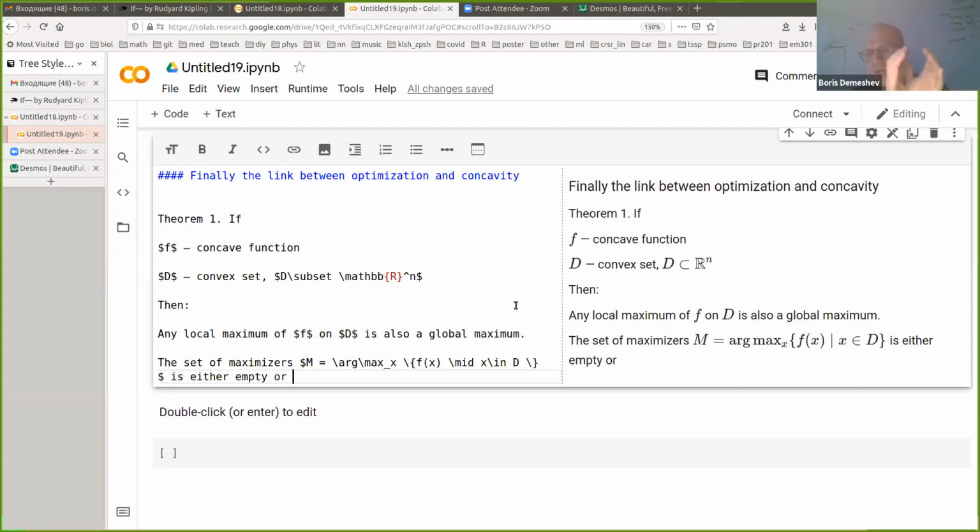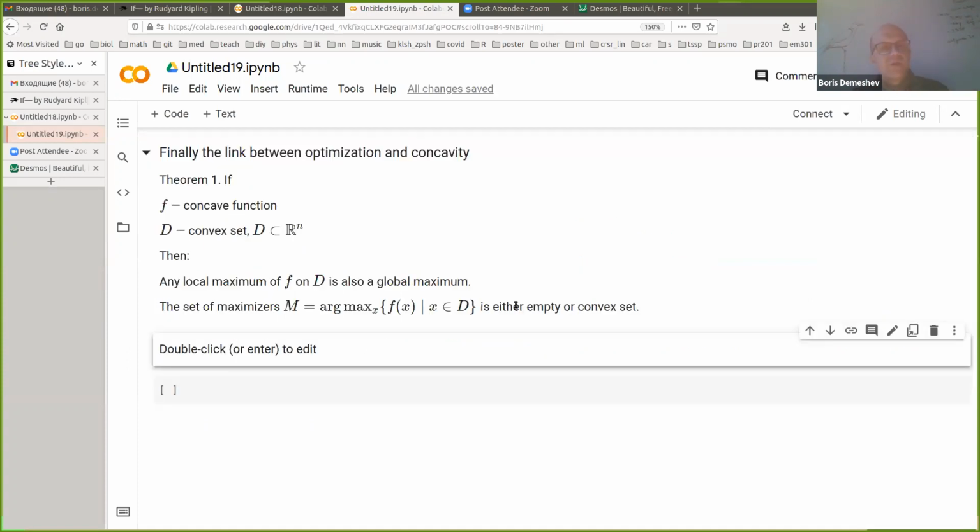All maximum points will be in one convex set, so it is either empty or a convex set. Okay, so we have the first theorem with two statements. Any local maximum is also a global maximum, and the set of maximizers, so the set of points where the function attains the maximal value, is either empty or a convex set.